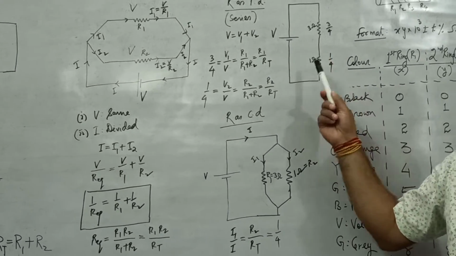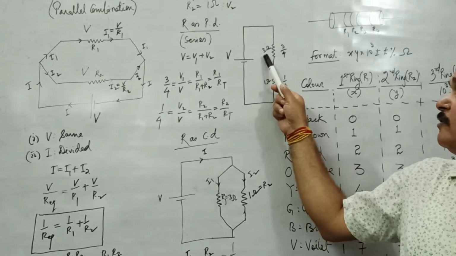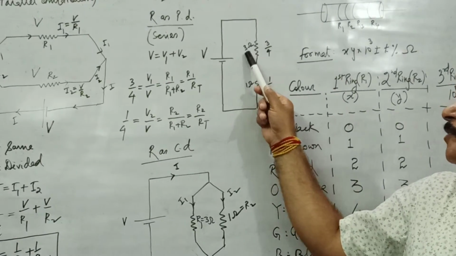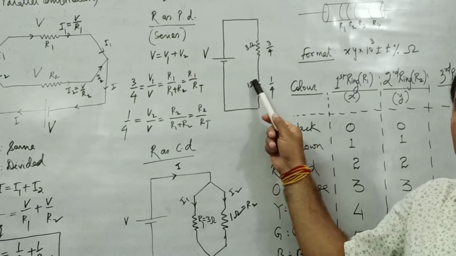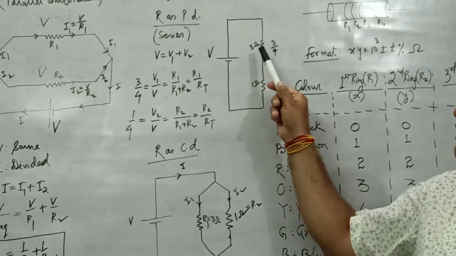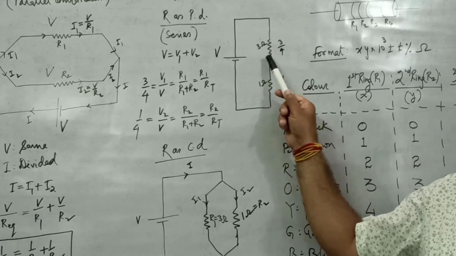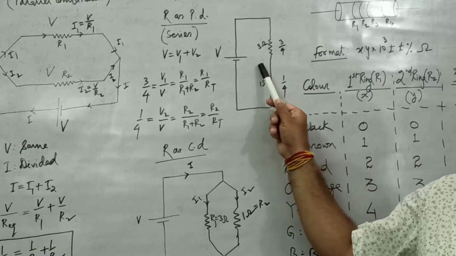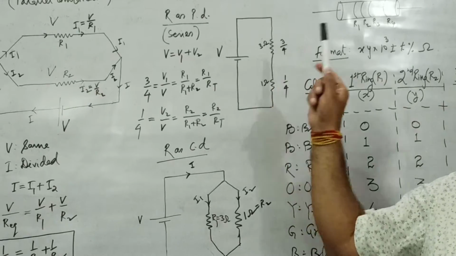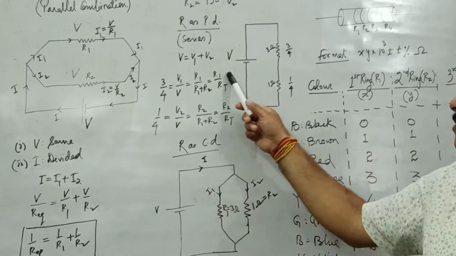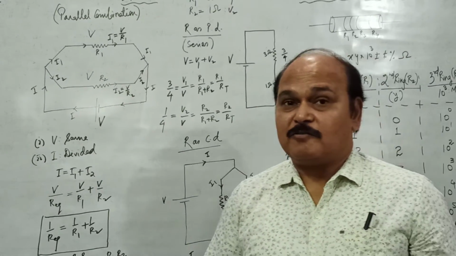What is sum total? 4. What is fractional value of this? 3 upon 4. So fractional value of this is 3 upon 4 and fractional value of this resistance is 1 upon 4. Since the fractional value of this resistance is 3 by 4, therefore the voltage across here would also have the fractional value 3 by 4. That means across 3/4 resistance there would be 3/4 voltage, and across 1/4 resistance there would be 1/4 voltage.